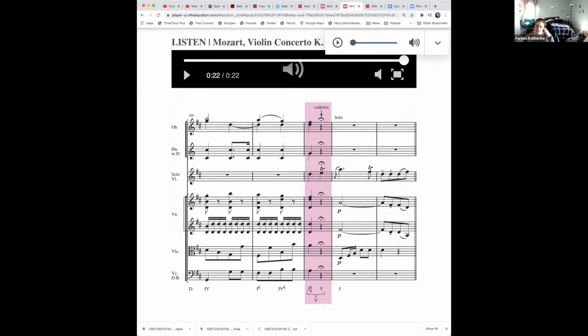When you mean showboat, do you mean like it's improv, or do they also have it written down somewhere? So it totally could be improv. I'm glad you asked that question. Back in the day, it was improv, but in today's day, they're pretty much not, with a few exceptions.